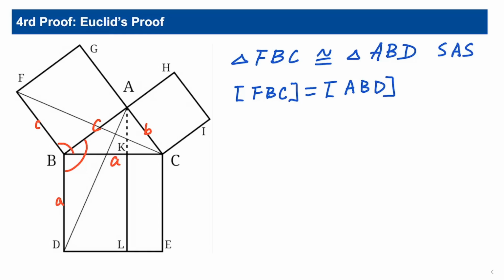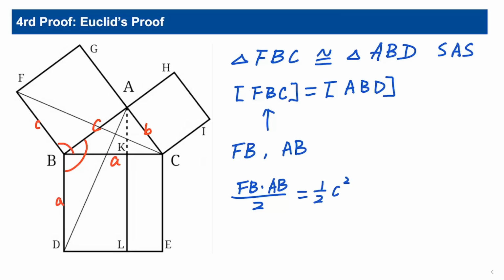What is area of FBC? The base is FB. The altitude is length of AB. So area of FBC is FB times AB divided by 2, which is 1/2 of C squared. What is area of ABD?